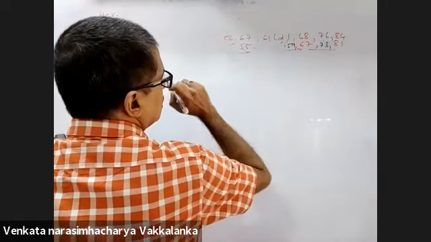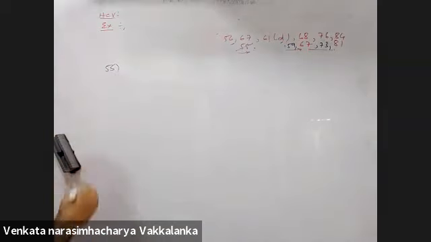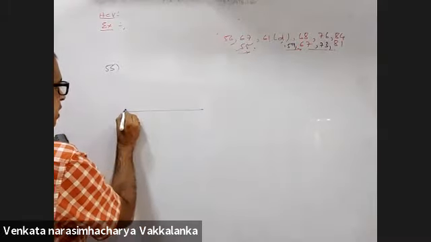What is the next number that you people see? 55? Yes, sir. Did I teach you potentiometer? Yes, sir. This is AB.